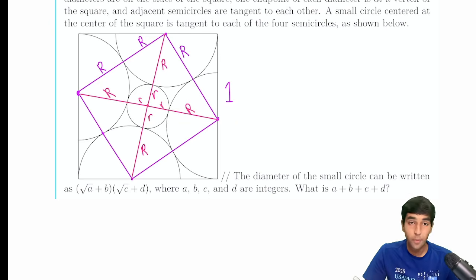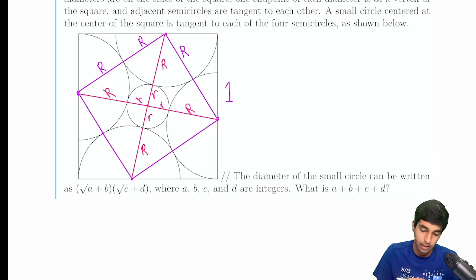Now we're trying to find the diameter of this smaller circle. The square has side length 1, so let's use that first.